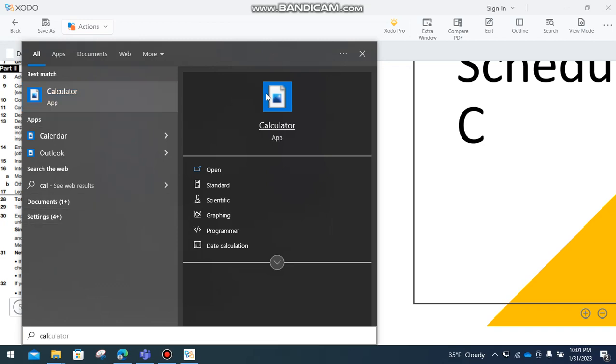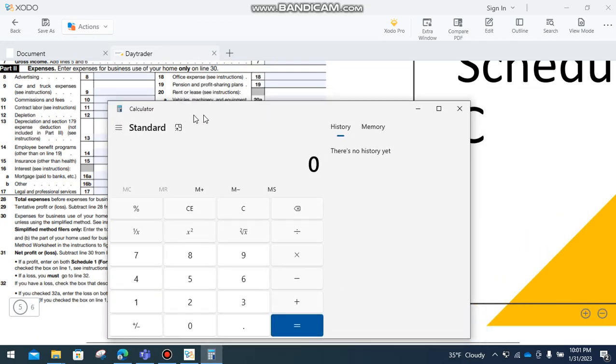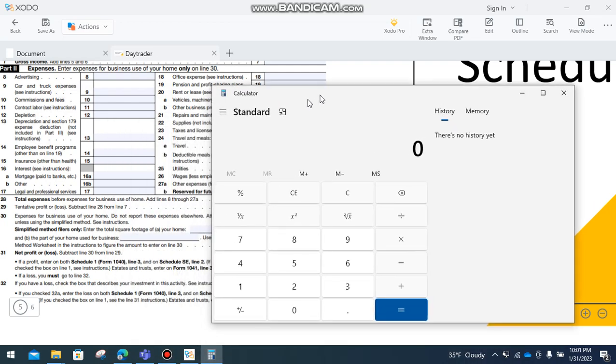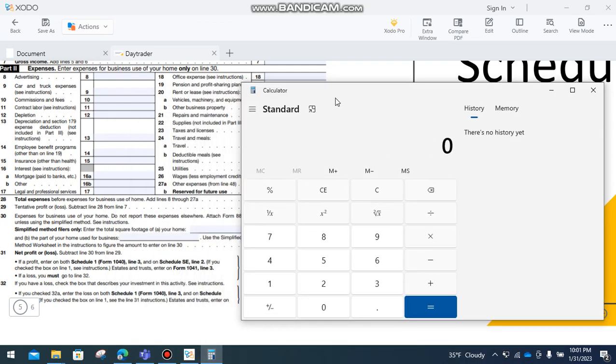Earlier I showed you that the profit is 69.37 from the 4797, minus the home office expense, which is 56.50, listed on the Schedule C. You take the difference, and you should be paying taxes on $1,287. This is how much you pay tax on.